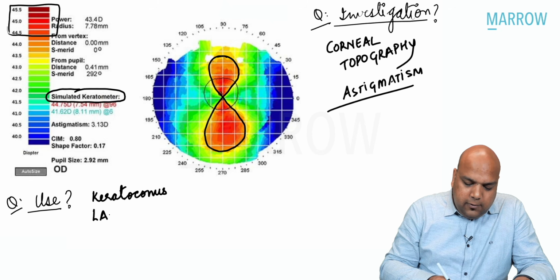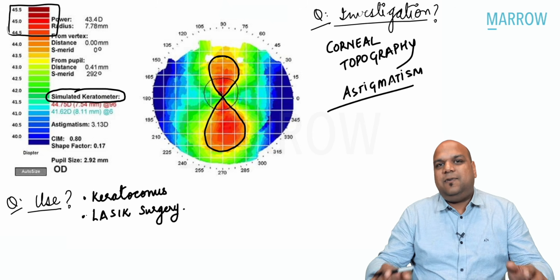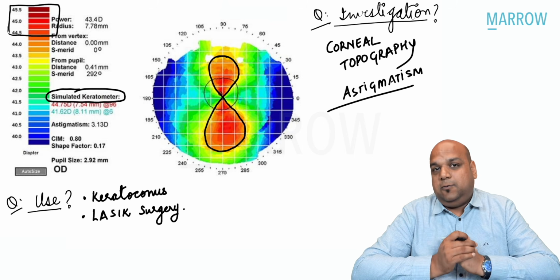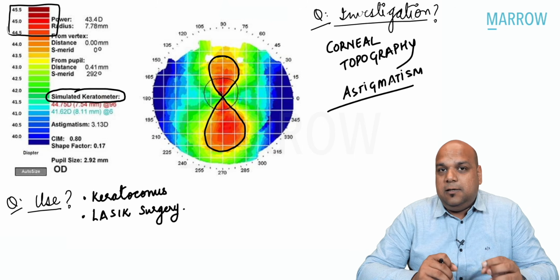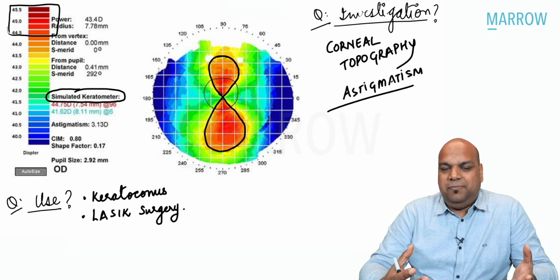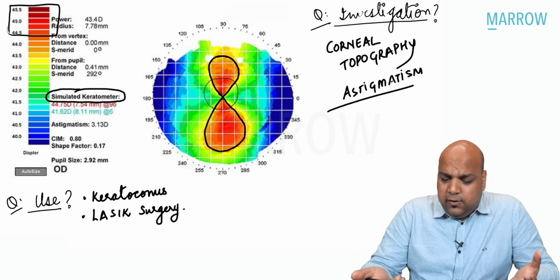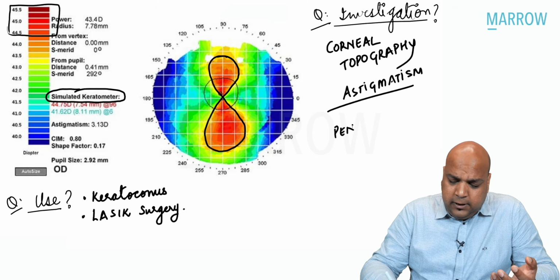When we are going for any refractive procedure like LASIK surgery, LASIK surgery should not be done in cases which do not have a normal ideal cornea, like in cases of keratoconus. So practically speaking, this is where you use it. Yes, before every case of LASIK, I will perform a topography. We normally use a machine called Pentacam, right?